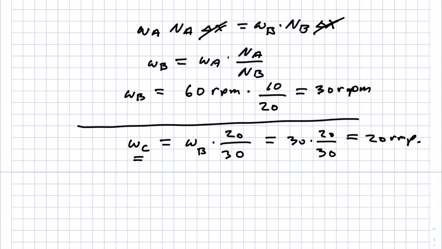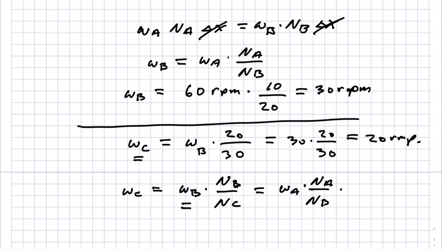So you notice you could have looked at the gear ratio as a product. We would have had omega C is going to be omega B times NB over NC, but omega B was omega A times NA over NB, and so you notice the NBs would cancel, and you could have looked at the gear ratio between the two outer gears.